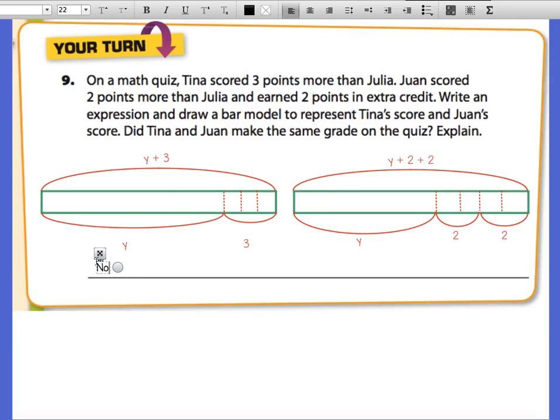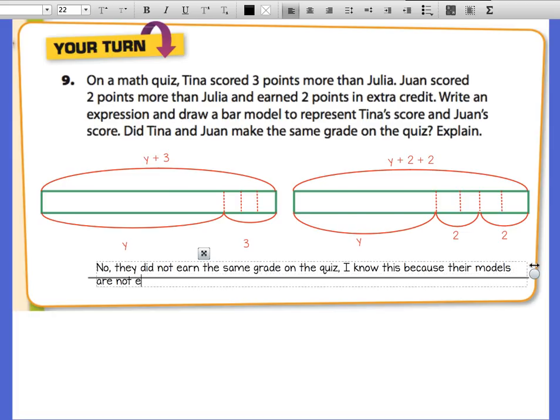So, no, they did not earn the same grade on the quiz. I know this because their models are not equivalent.